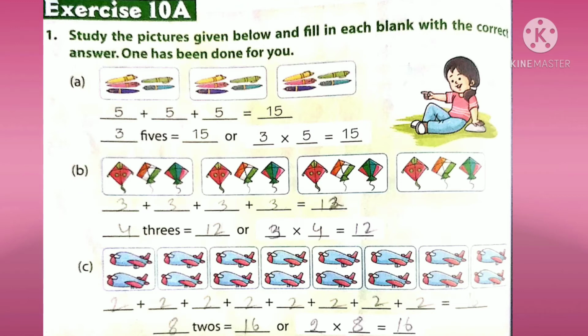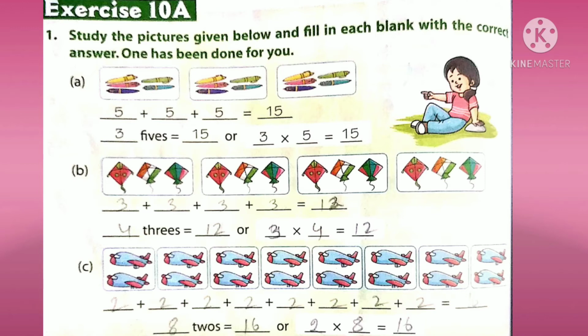Number C. There are 8 boxes, and in each box there are 2 toy aeroplanes. So, how many will it be altogether?